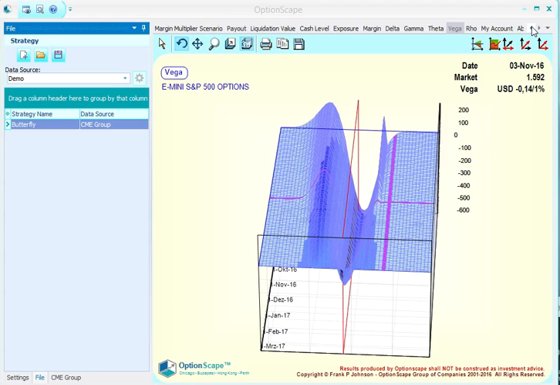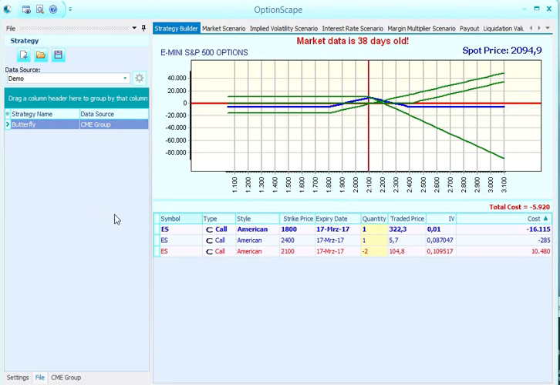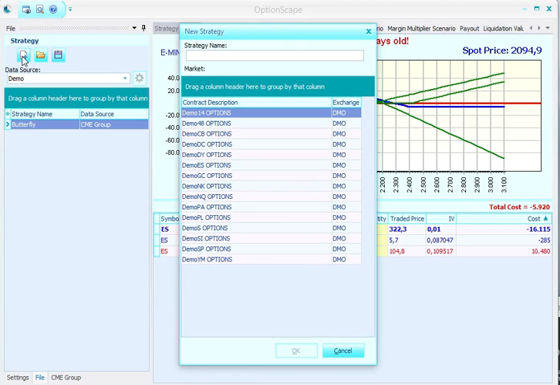Building a strategy starts with the strategy builder. I have here already a butterfly, but I would like to show you how to implement your own strategy. So we go to this symbol, new strategy. We have to give the strategy a name, long call.